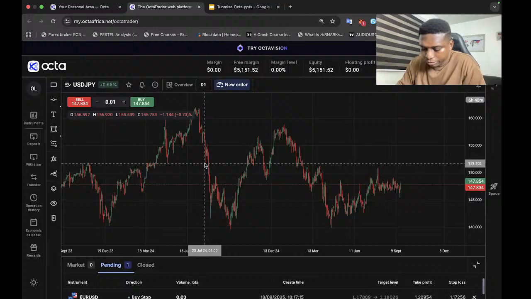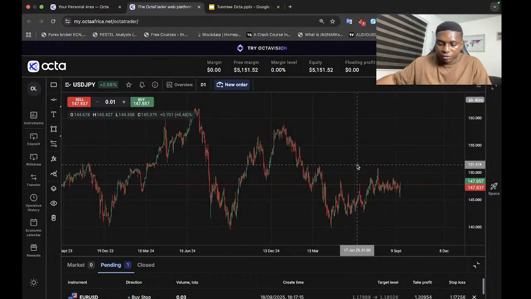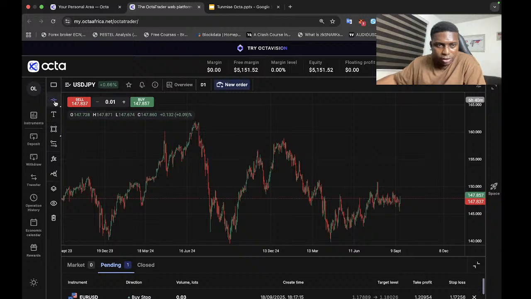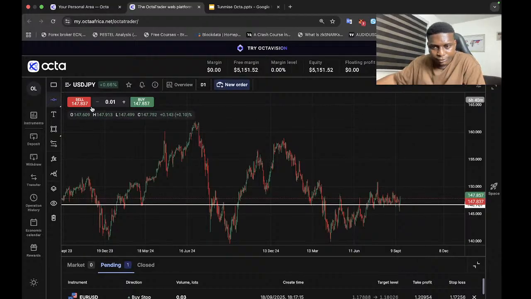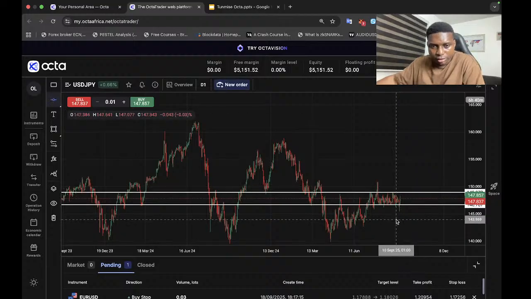Okay, fantastic. So let's set levels of support and resistance zone. Okay, so we're going to come here, levels of support, levels of resistance, levels of support.